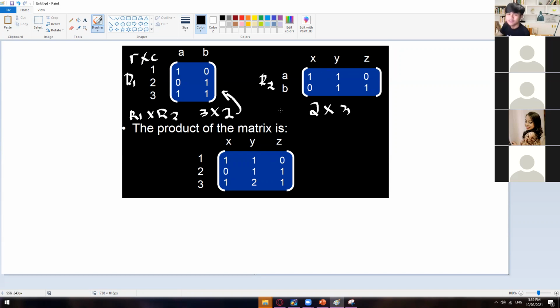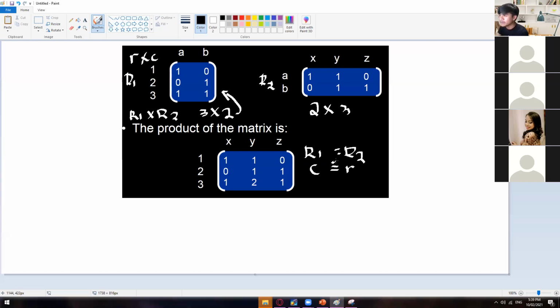All right. So the next step that you need to do is verify if the column of your first matrix is equal with the row of your second matrix. So the column for the R1 and then the row for the R2.